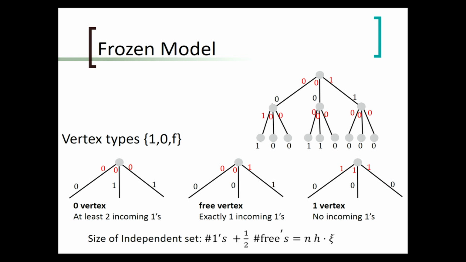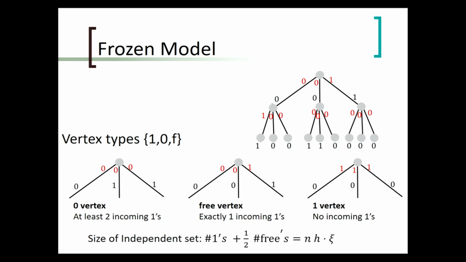What you need to show is that the free variables are sparse enough. If you have a pair of neighboring vertices that are a pair of free variables, of course they're next to each other, so only one of them can be in the independent set.